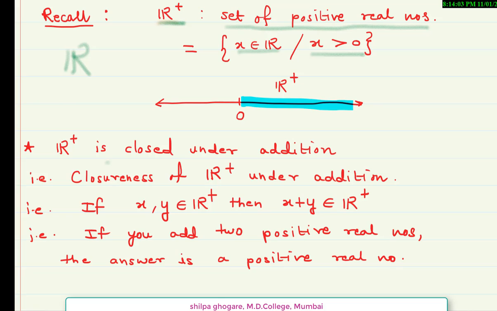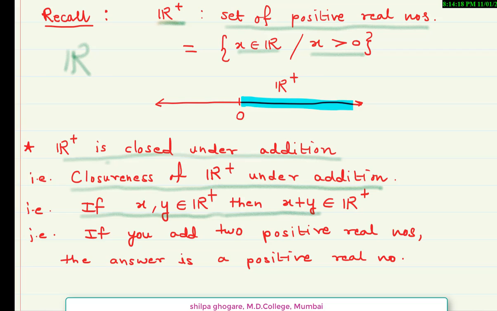Now this R plus is closed under addition. By definition, if x, y belong to R plus, then x plus y also belongs to R plus.